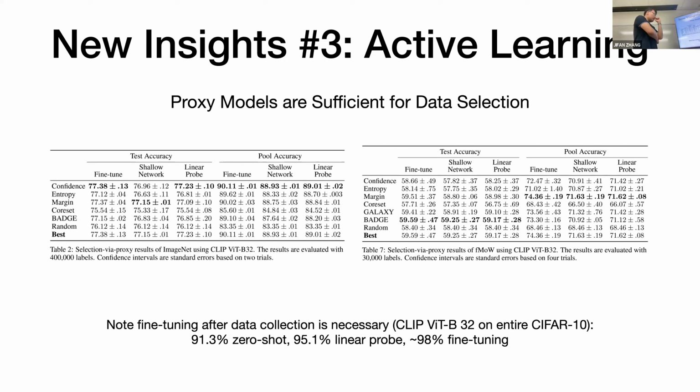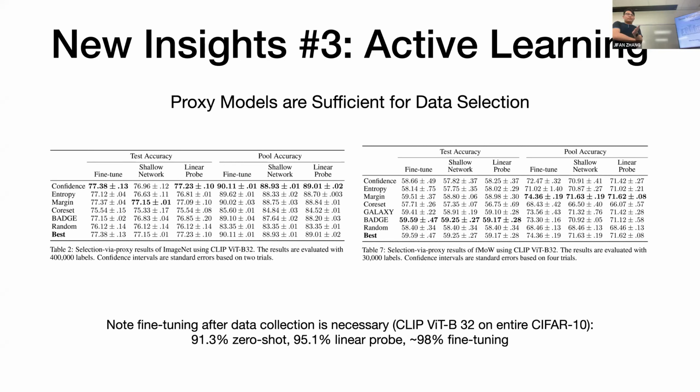So if for every batch of data collection you fine-tune the model, you get roughly a 0.1%, 0.2% gain over collecting the data using a proxy model like a shallow network or linear probe.